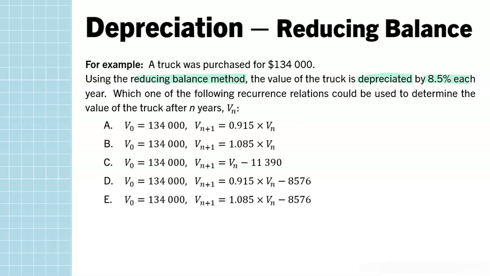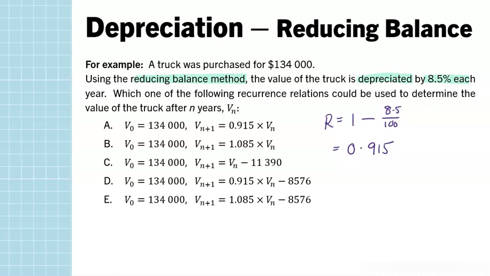So you're looking for those keywords, reducing balance method of depreciation. Firstly, what is my value of R? So 1 minus my rate, 8.5 over 100, gives me a value of 0.915.